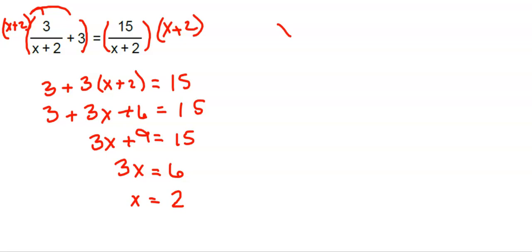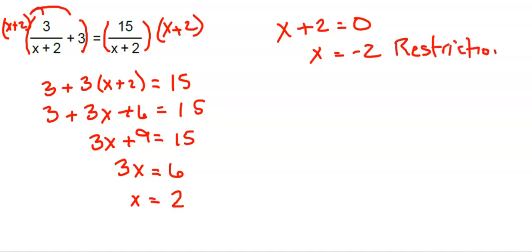So if we'd like to know when is x plus 2 equal to 0, that's when x is negative 2. That is a restriction on our solution. We did not get negative 2 as our solution, so 2 is a valid solution. It's not a restriction, so it's a solution.